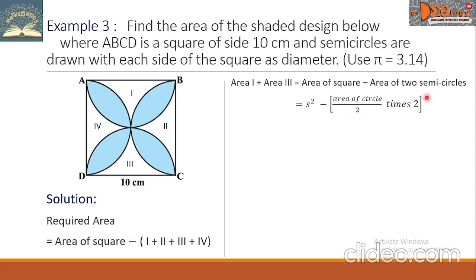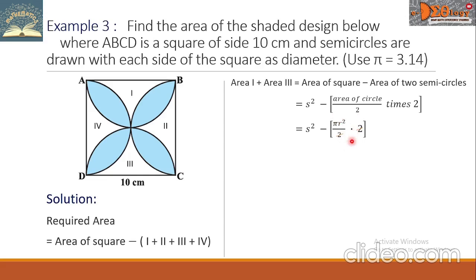This is the formula of semicircle. Then we multiply by 2 because we have two semicircles. When we substitute the corresponding formula of the circle, we have pi r squared over 2 times 2. Then we can cancel this 2 by this denominator. So, this becomes pi r squared alone.